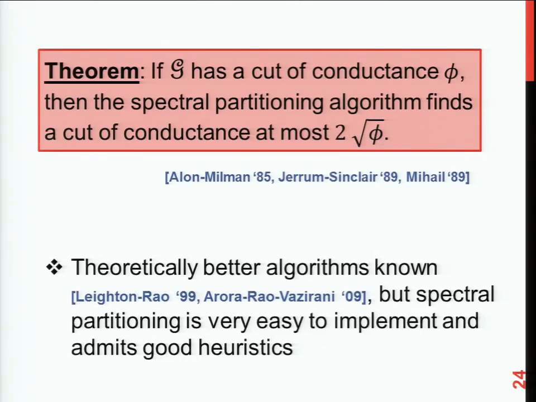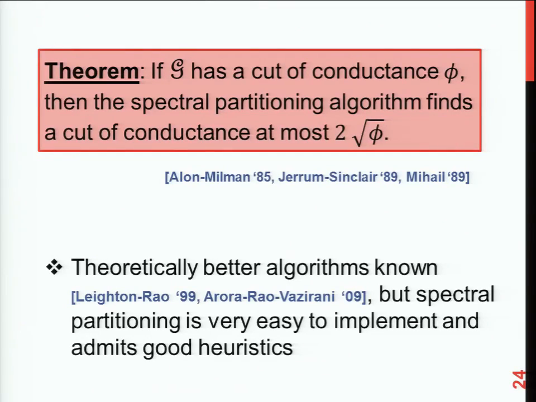And this is a very practical algorithm, because you can find this eigenvector and eigenvalue very quickly using standard linear algebra packages, and so you can find this spectral cut. Theoretically better algorithms are known, which approximate phi better. This 2 root phi is not very good when phi is very small, since root phi becomes much larger than phi when phi is very close to 0.